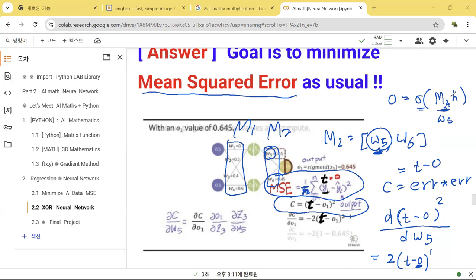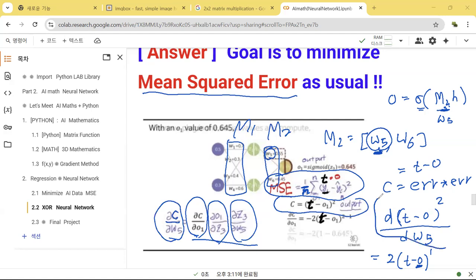So anyway, let's see this one. To find out the derivative of C with respect to W5, you can get this kind of chain. The first one and second one and third one, okay? And first of all, we want to find out this one, but decomposition is possible. So first of all, this one is W5.